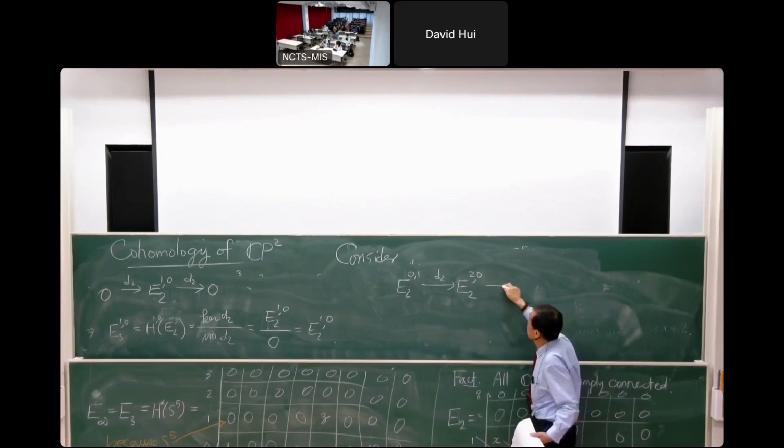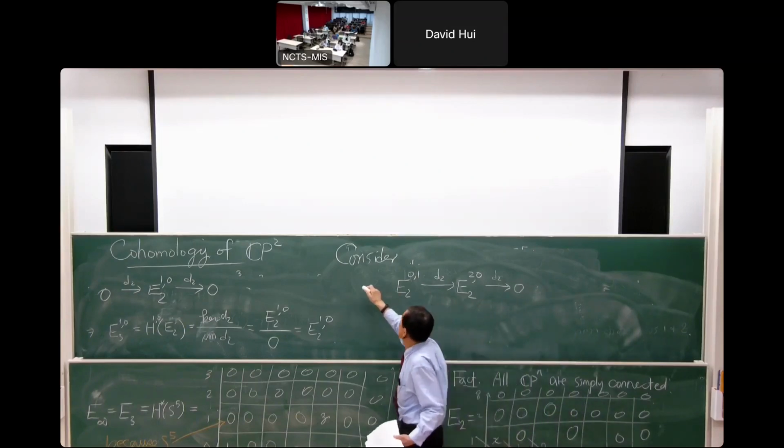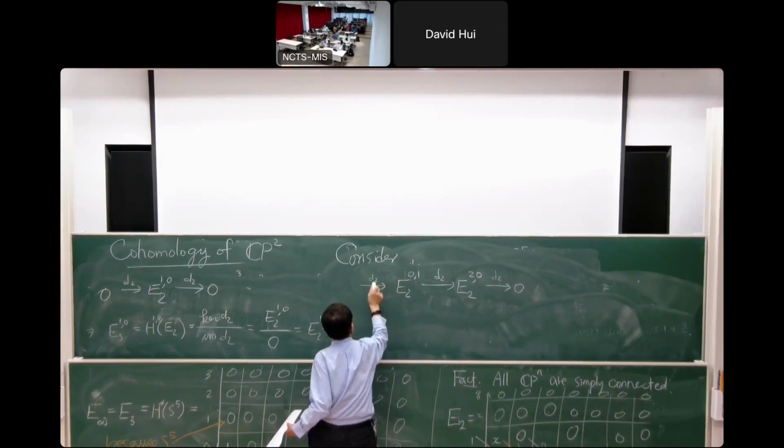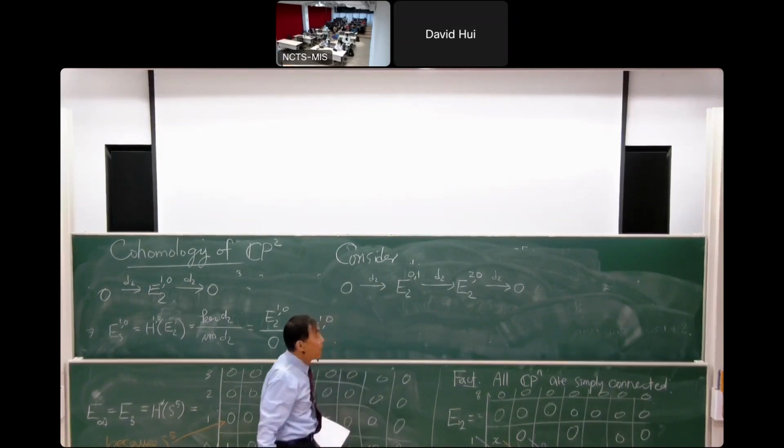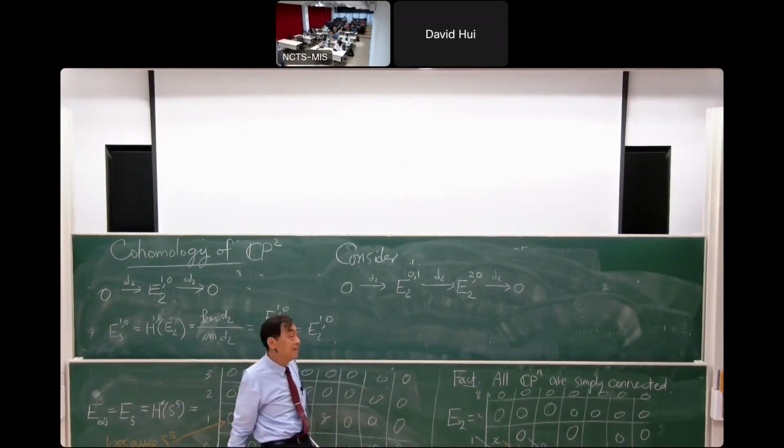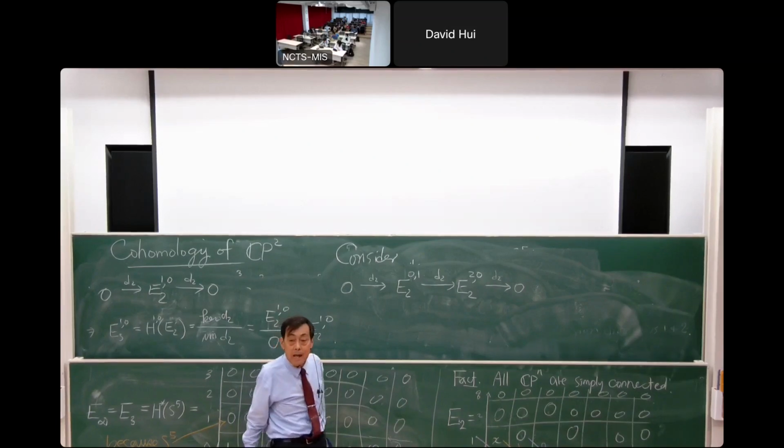And there's a D2 here that goes to 0, and then there's a D2 that comes in here, comes from 0. So you have this sequence. But we don't know if it's exact or not.